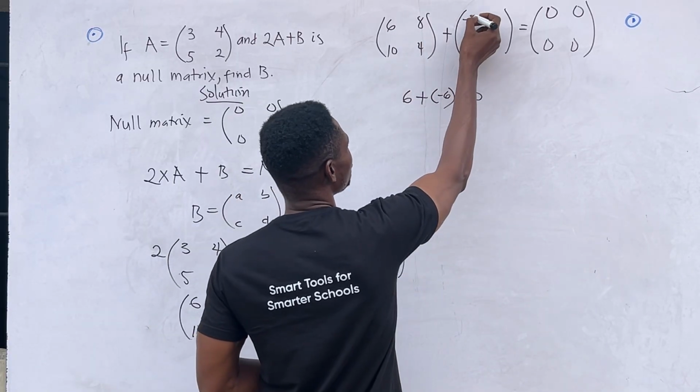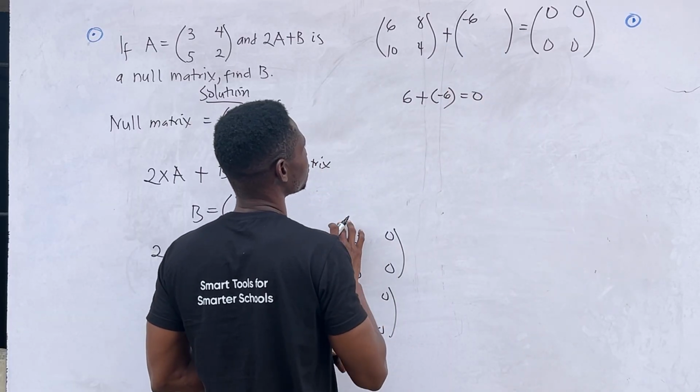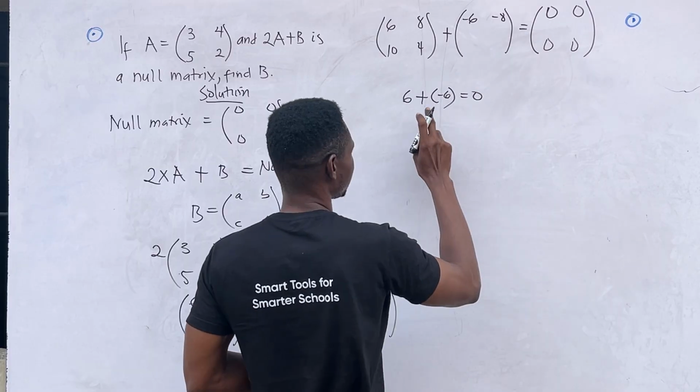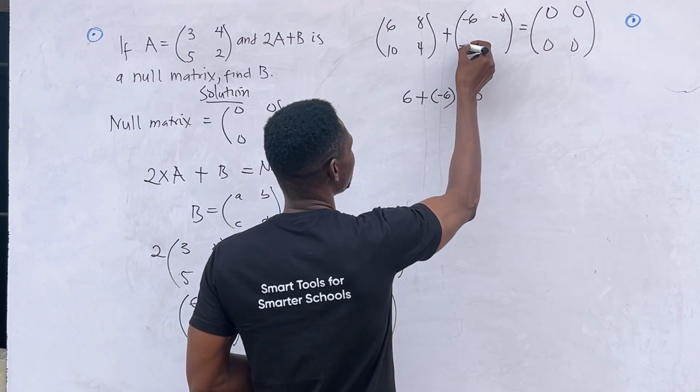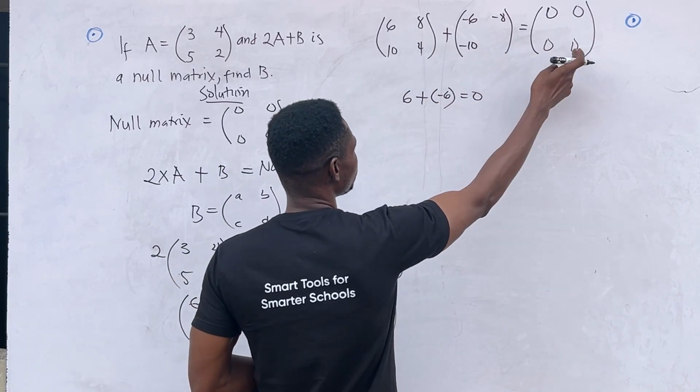So this will give us minus 6, because 6 minus 6 is 0. 8 plus what will give us 0? That's minus 8. 10 plus what will give us 0? Minus 10, obviously. And 4 plus what will give us 0?